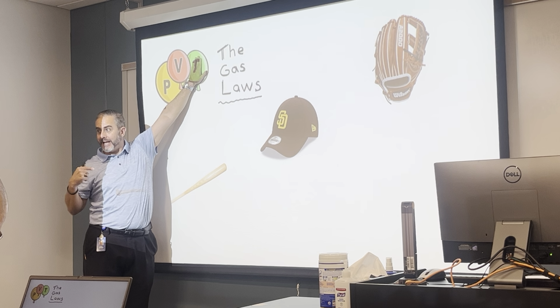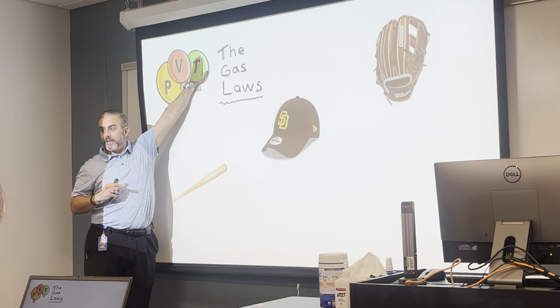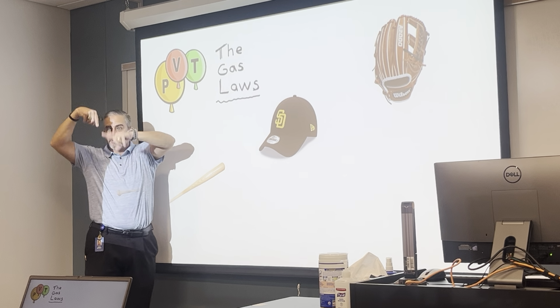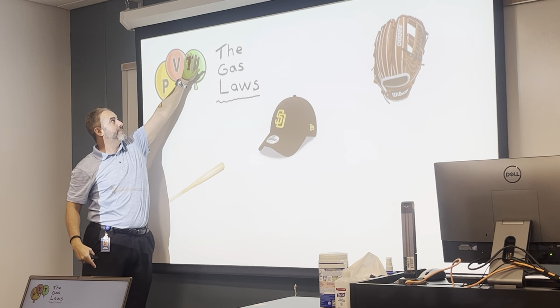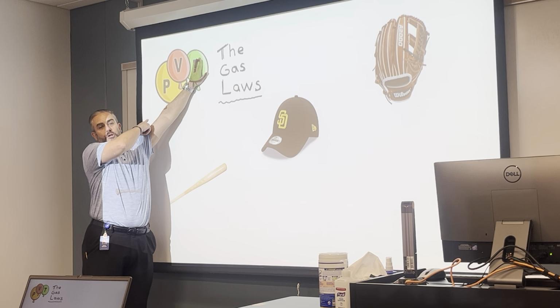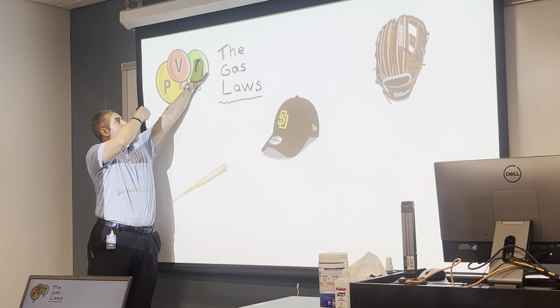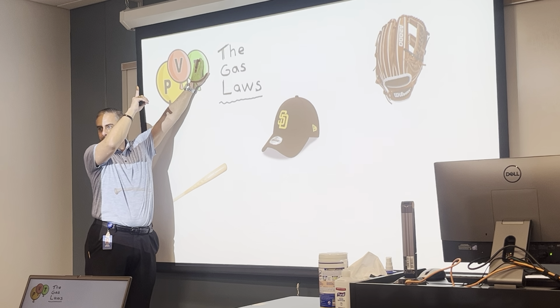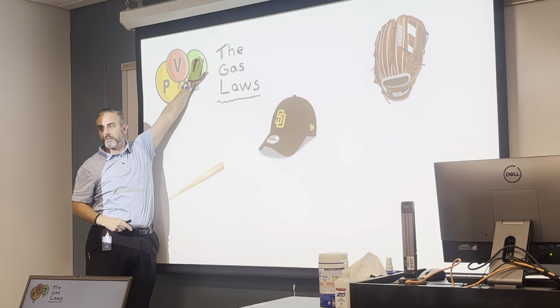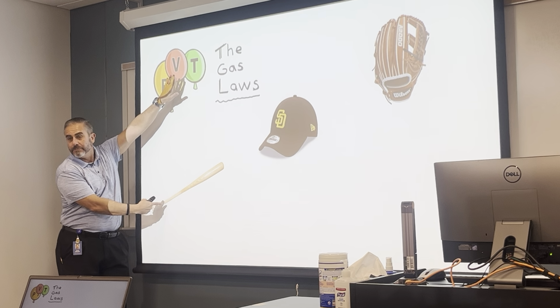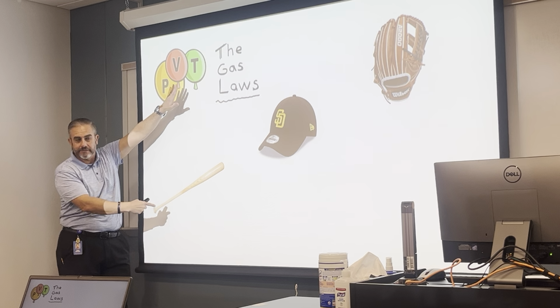Now how do they behave in Boyle's law? Inversely. Opposite directions. So if temperature is constant, pressure goes up, volume goes down, or pressure goes down, volume goes up. Again, they're going in opposite directions. That's Boyle's law, the bat.